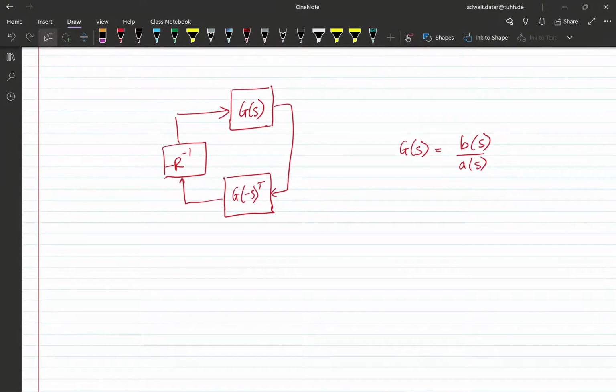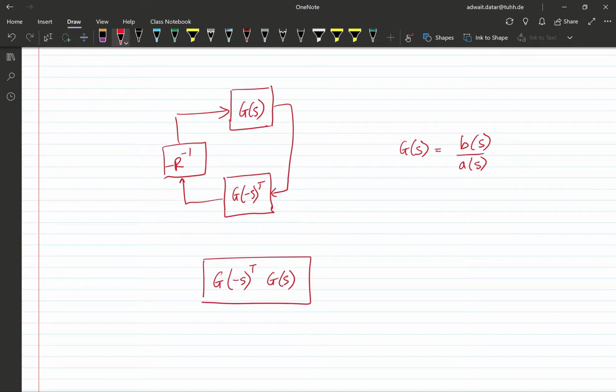So what we have here is the closed loop G of minus s transposed times G of s with negative feedback.